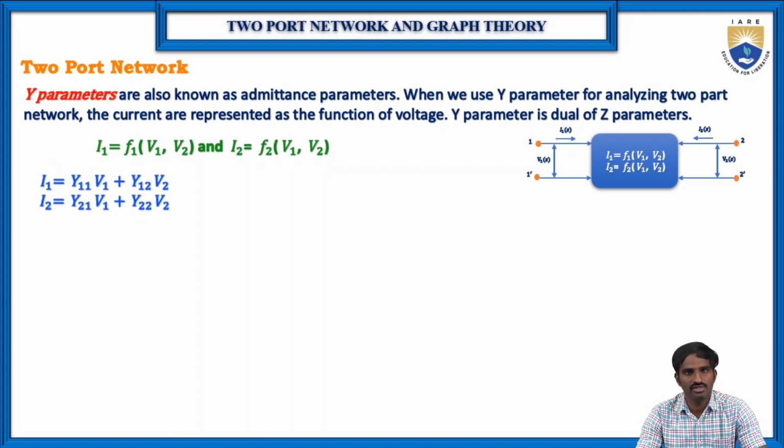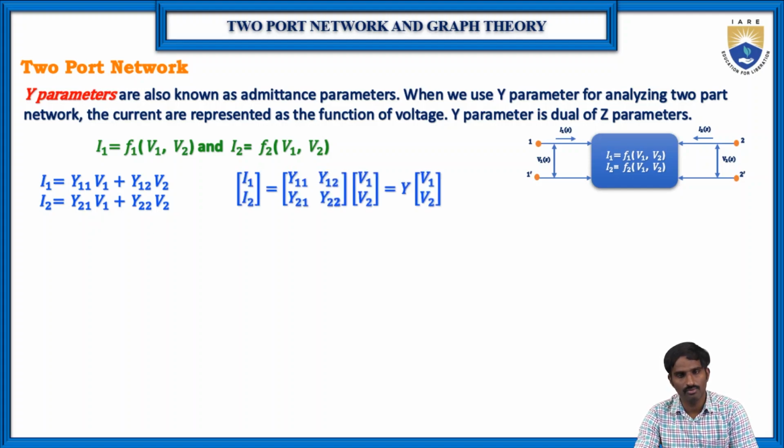Here I1 is equal to Y11 V1 plus Y12 V2. Similarly, I2 is equal to Y21 V1 plus Y22 V2. Now we represent these equations in matrix form.